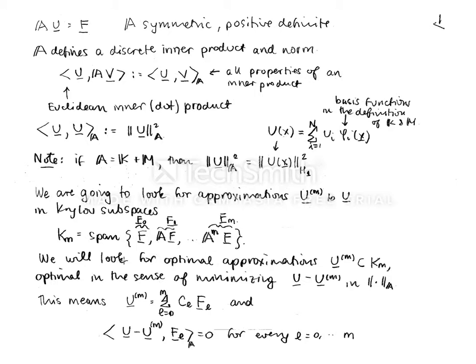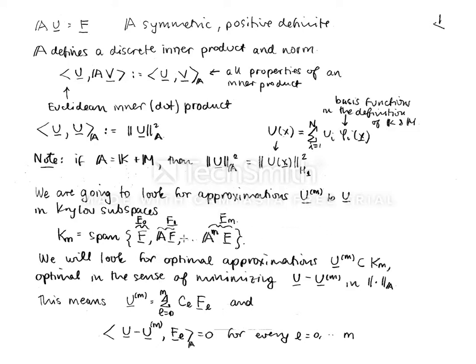So we're going to look for optimal approximations in this subspace, and that's going to be our iteration. I'm going to have an optimal approximation in this subspace, which is not all of R^n, and then I will slowly increase the dimension.